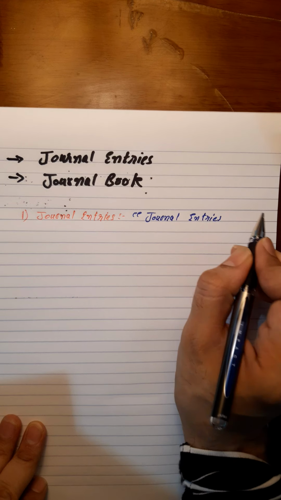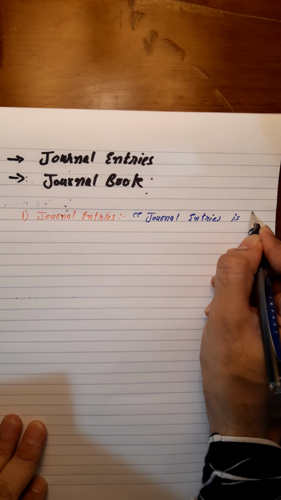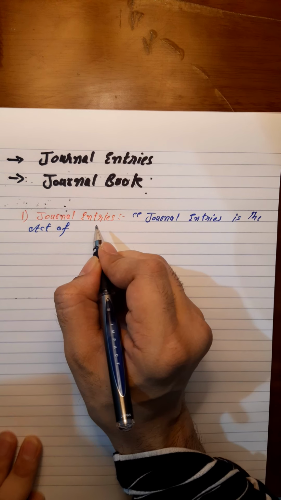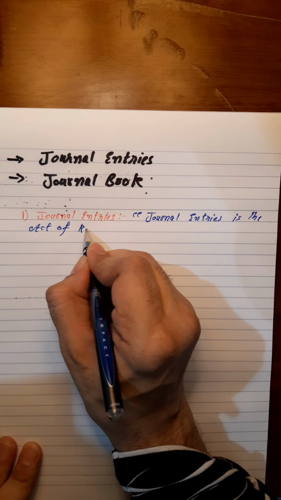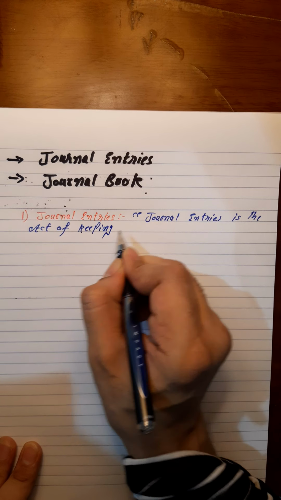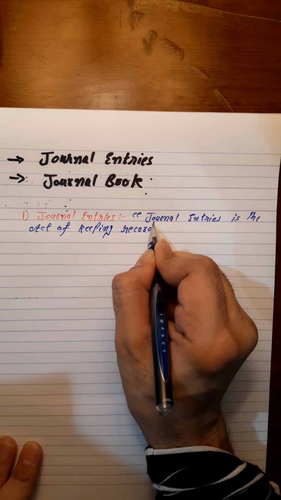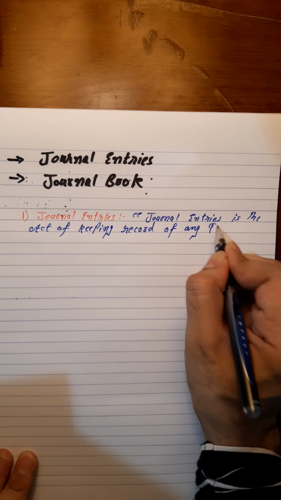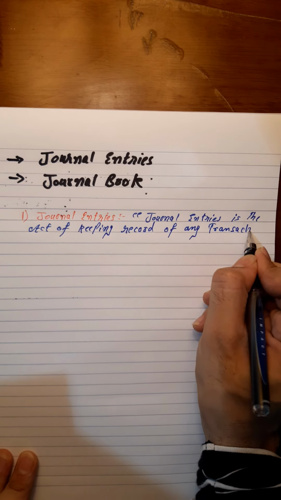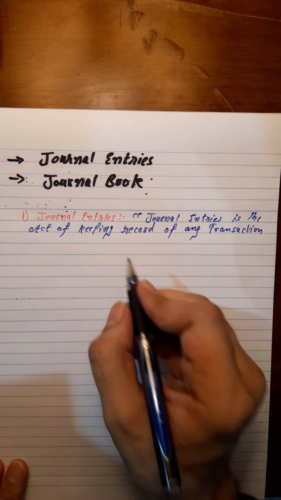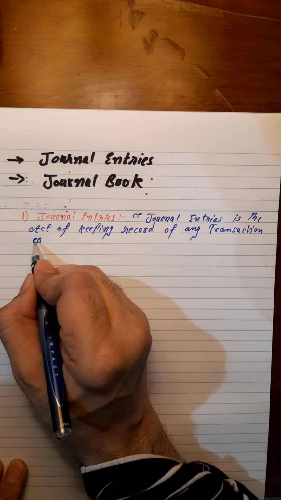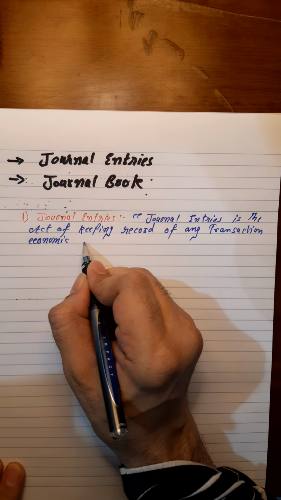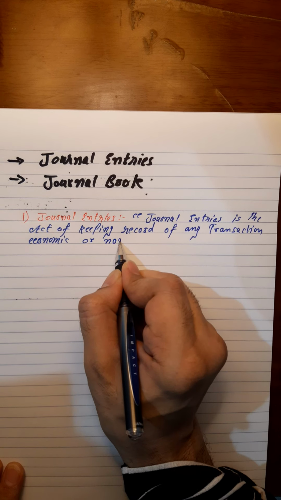Journal entry is the act of keeping a record of any transaction, economic or non-economic.